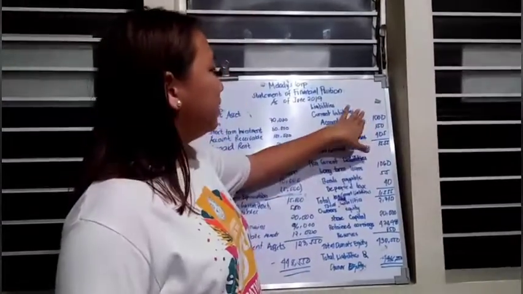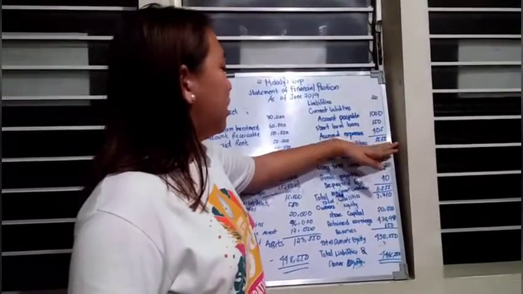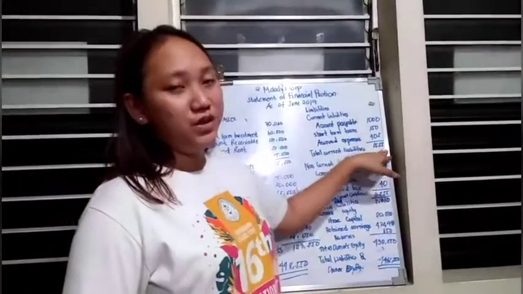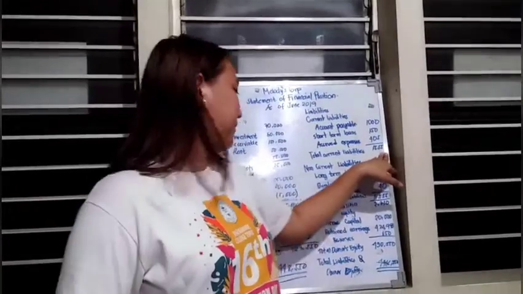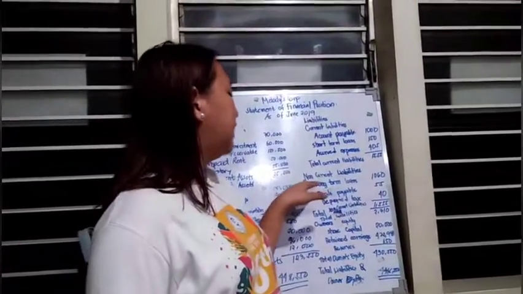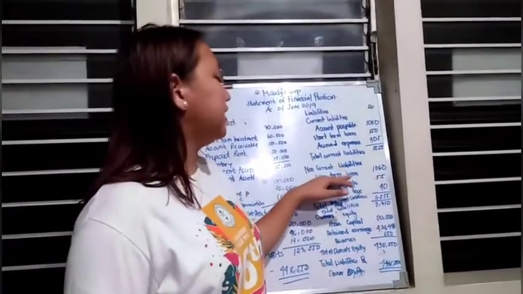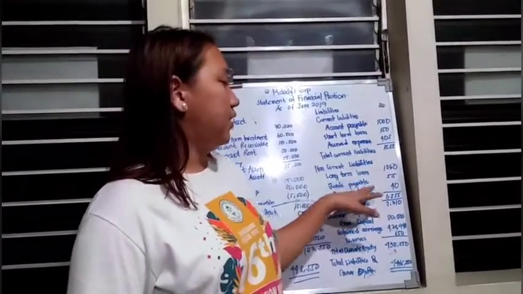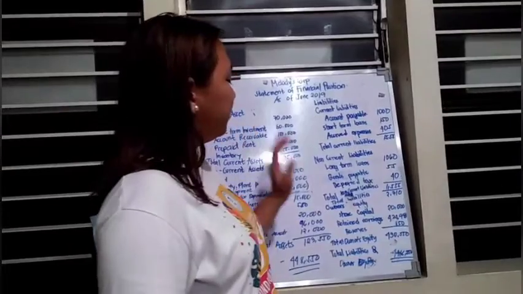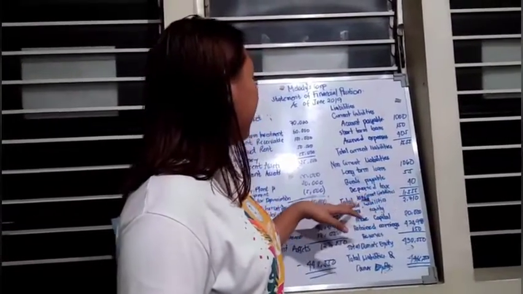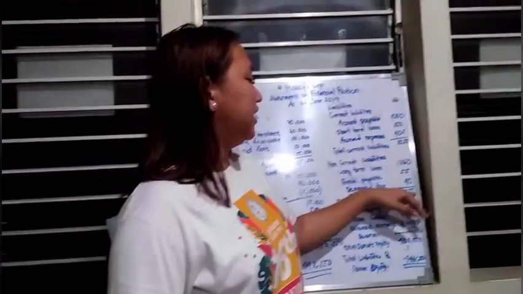Then I add all of this, so I arrive with a total current liabilities of 1,555. For the non-current liabilities, we have long-term loans for 1,060, bonds payable for 55, preferred tax for 40, and the total of non-current liabilities is 1,555.